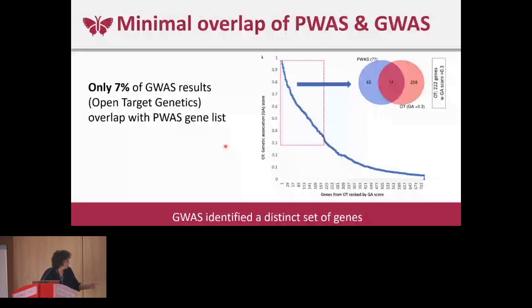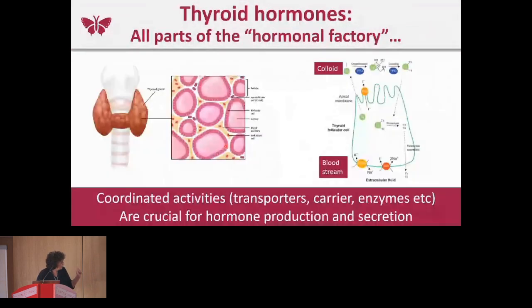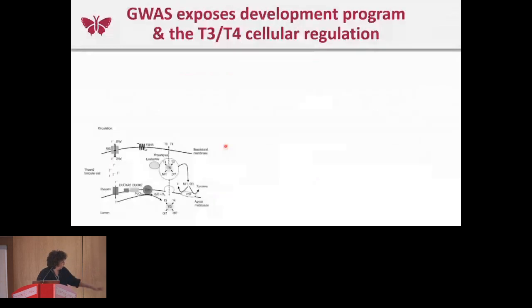What are those genes? We took these genes and made another network from them, and you can see a very strong network. What's this network? For that, I have to tell you that the thyroid has a very unique structure in which the cells produce the hormones with this set of enzymes. So this is another illustration of the cell biology of what I showed you.